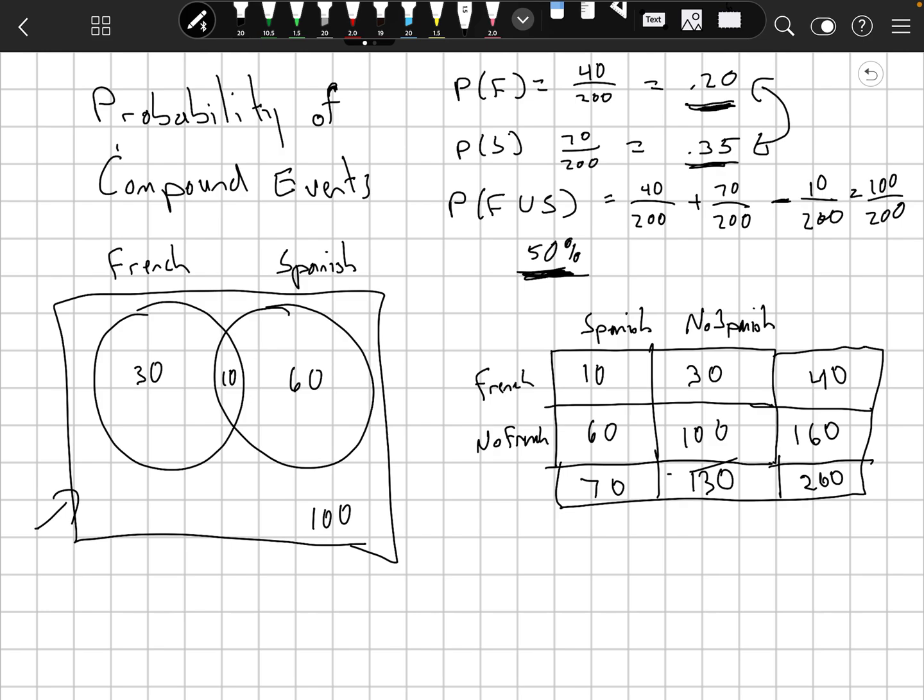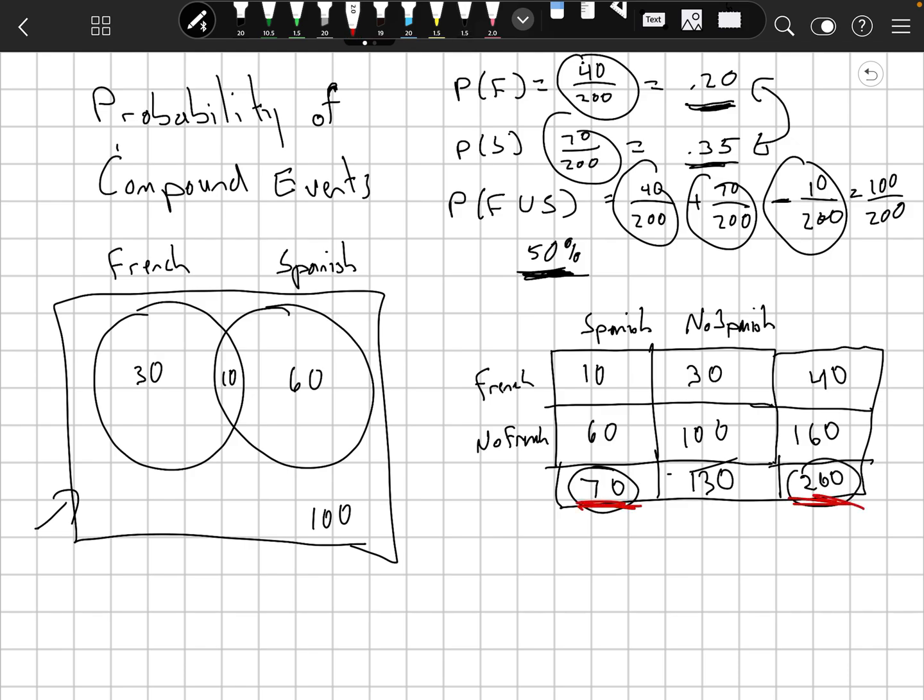Let's just see. I'm going to circle these right up here and see if we can find them inside the table. So the total Spanish speakers, 70 out of 200. Let's do that in red, this total Spanish speakers, so 70 out of 200, plus the total French speakers, let's do them in green, so plus 40 out of 200.